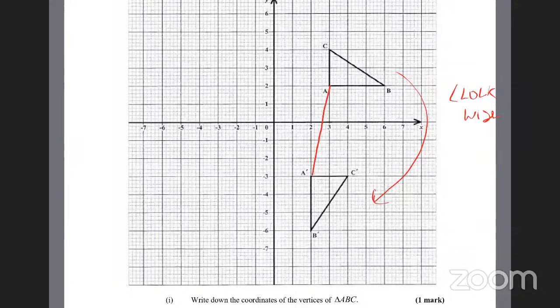So you connect A and A prime, and you bisect it. Connect C and C prime and you bisect it. And you should get 0, 0. Please practice it. Make sure you get 0, 0.